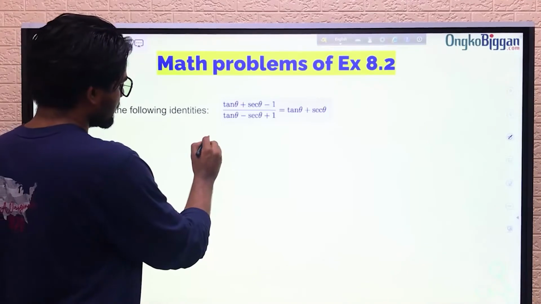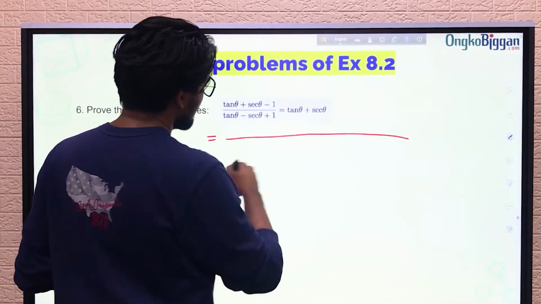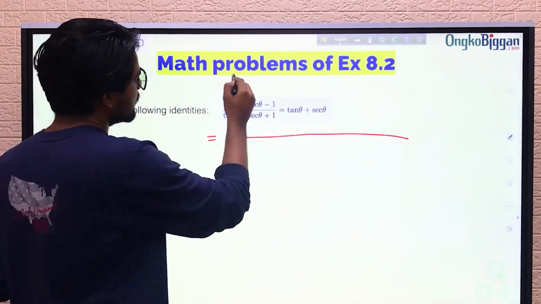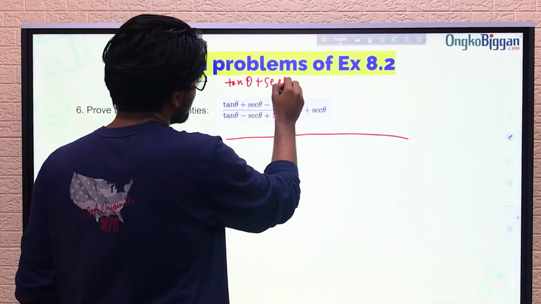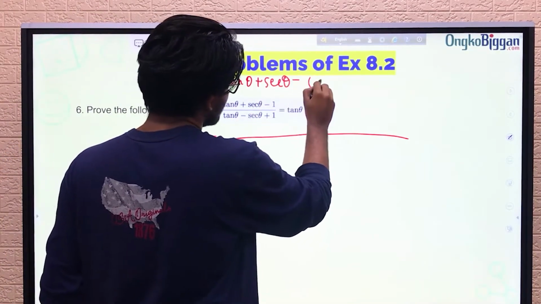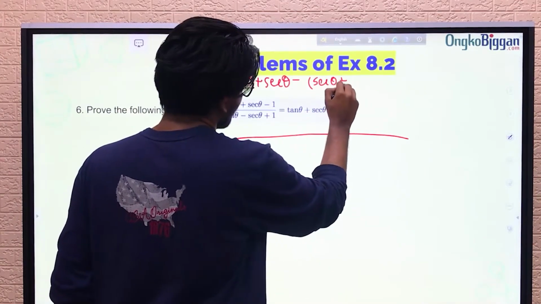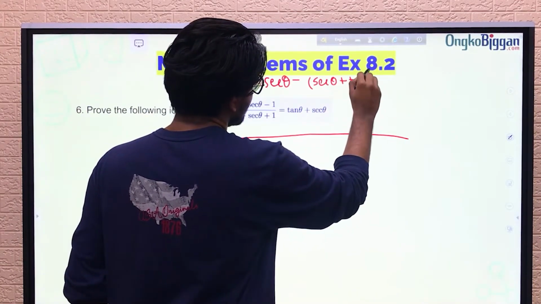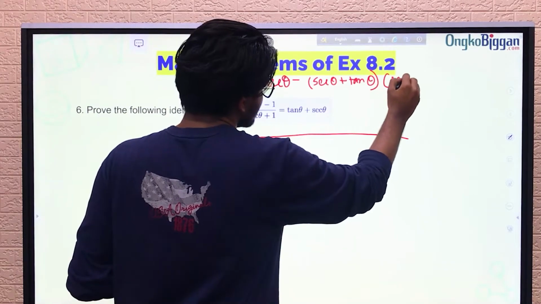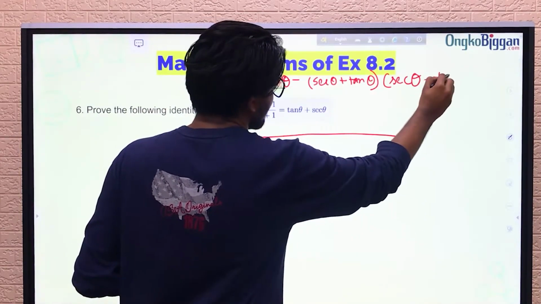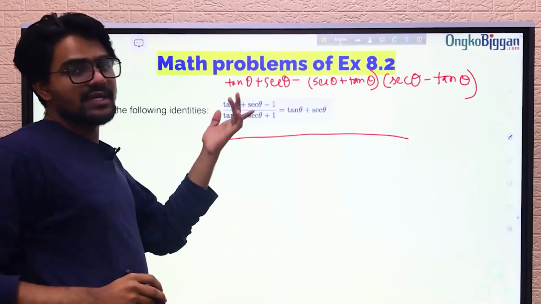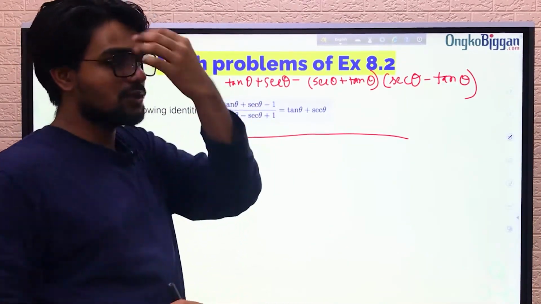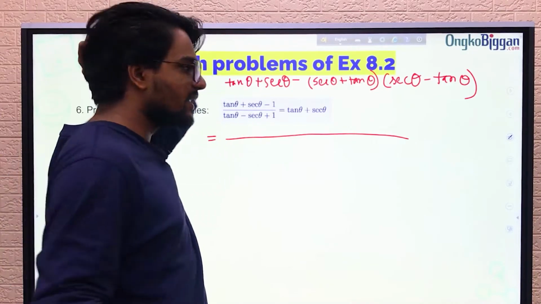So next, what we had was tan theta plus sec theta minus (sec theta plus tan theta) into (sec theta minus tan theta). I'm just writing the numerator here, because we're actually working with the numerator in this math.